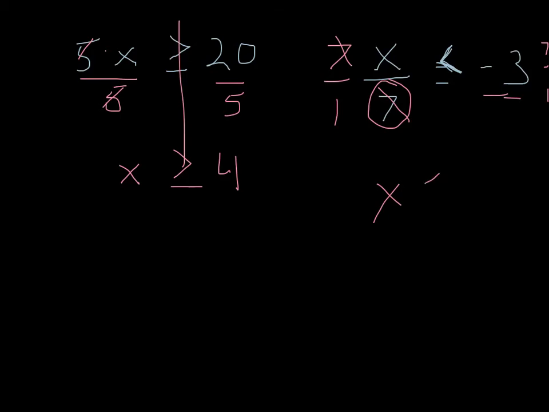So we multiplied by a positive 7, so the sign does not change. It's still less than or equal to. Negative 3 times 7 is negative 21, so x is less than or equal to negative 21. Again, we multiplied by a positive number, so we did not change the sign.